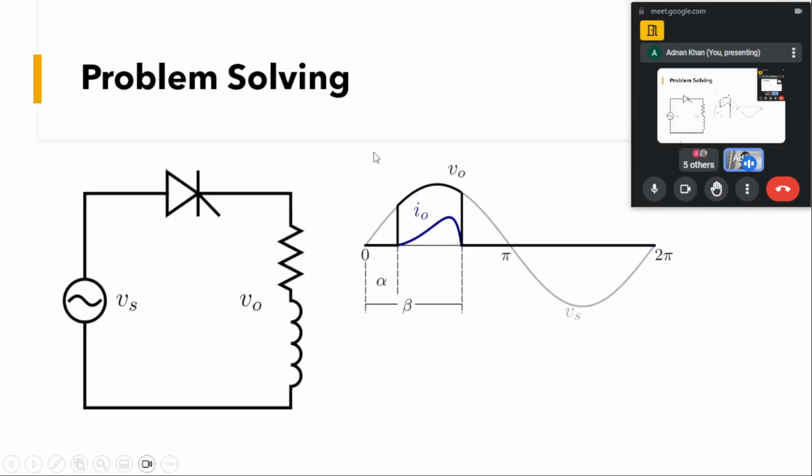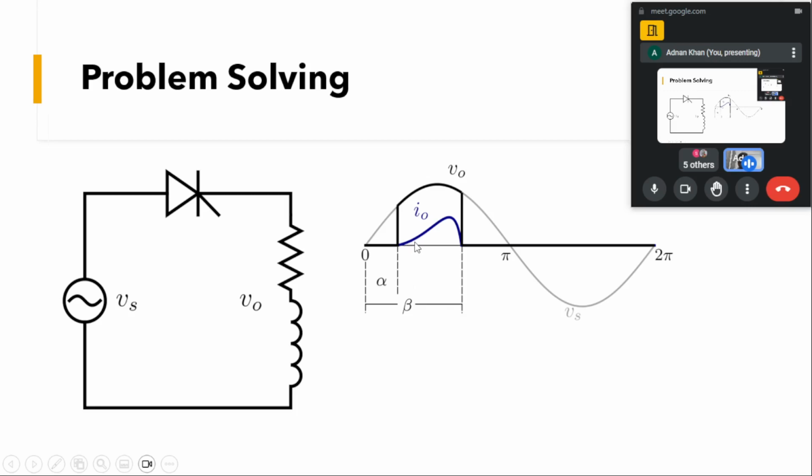Here we have an RL load and a one pulse device, an SCR. Since this is the only one device, it's a half wave rectifier. We have an input, and at the alpha instant we turn on this device, and it starts conducting.